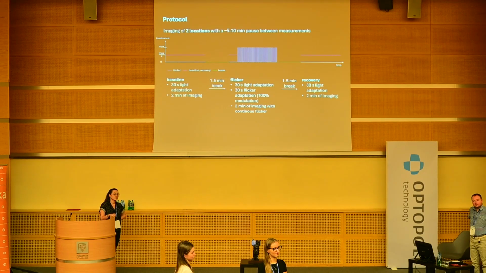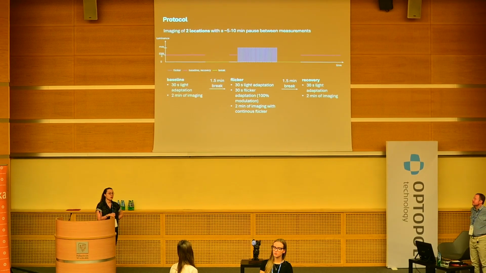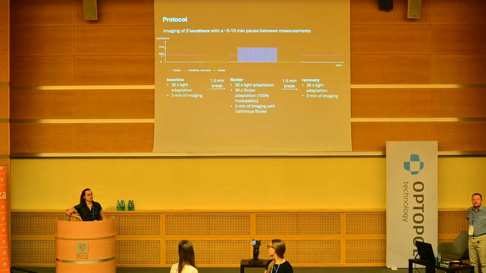I mean, have you tried to just put a continuous value with the highest value of the intensity and see what happens? So start with a high value and then modulate it. No, without flickering, but with the highest value of the intensity. A stable high value. Yes.